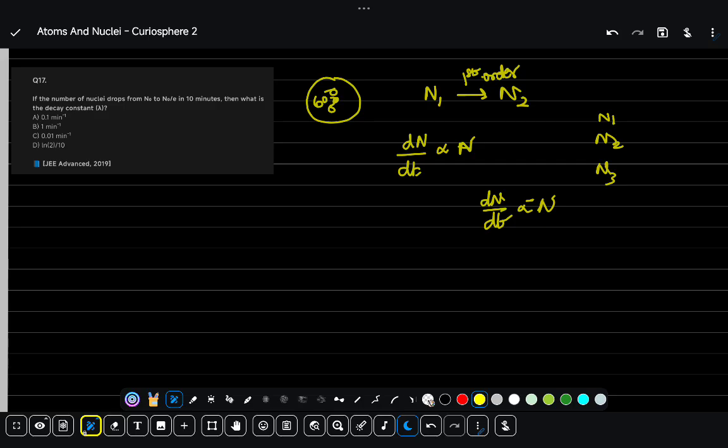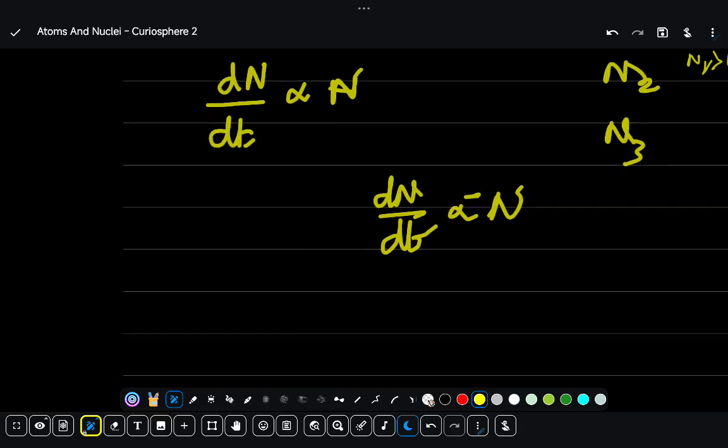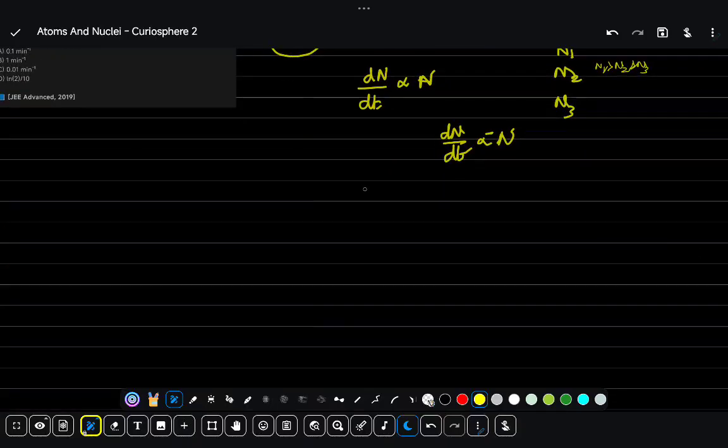As the radioactive decay proceeds, the total number of nuclei present will keep on decreasing. N1 will be greater than N2, greater than N3, and so on. So in order to represent the decrease in the number of nuclei, we use a negative sign. So now we have dN/dt directly proportional to negative of N.